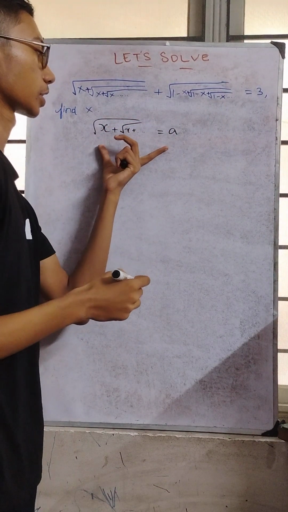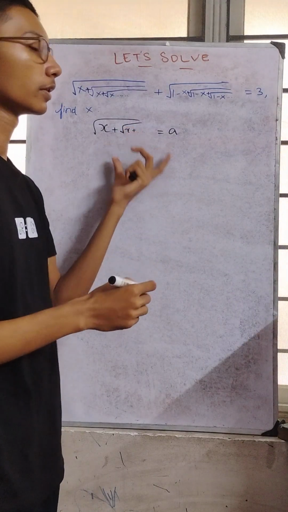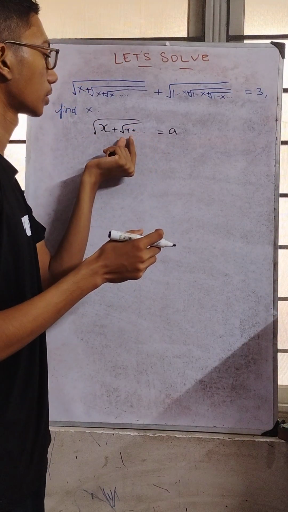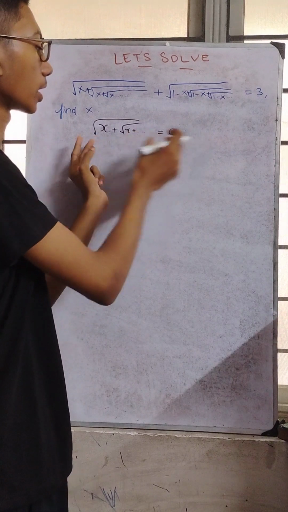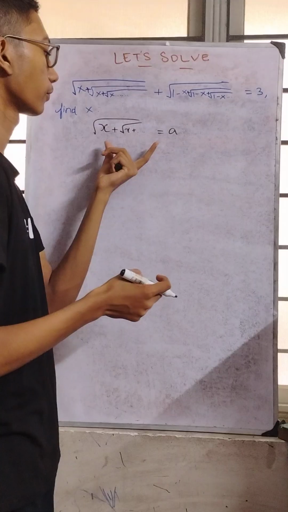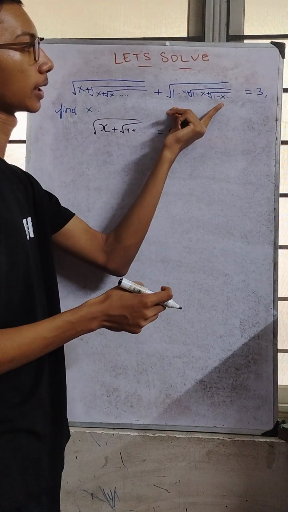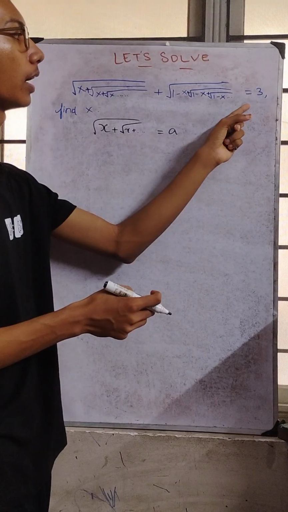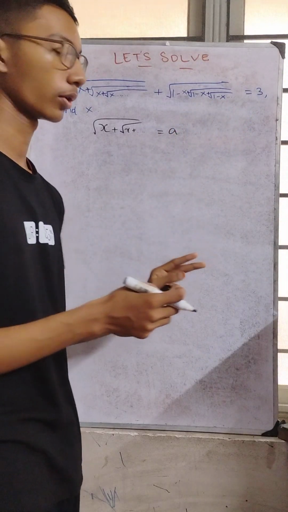Let's take this expression as a. We'll find the value of a as a simple term, not like this radical or infinite term. So that's first what we'll do, and we'll do the same thing for the other expression as well, and then finally we'll compute the value for x. So that's what we are going to do.